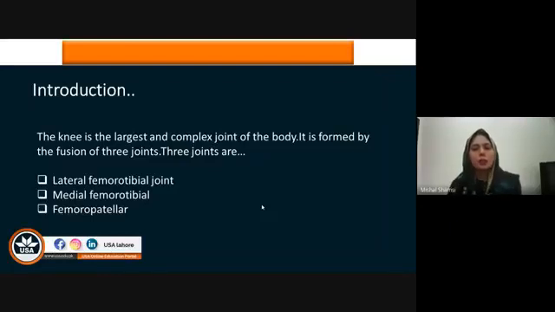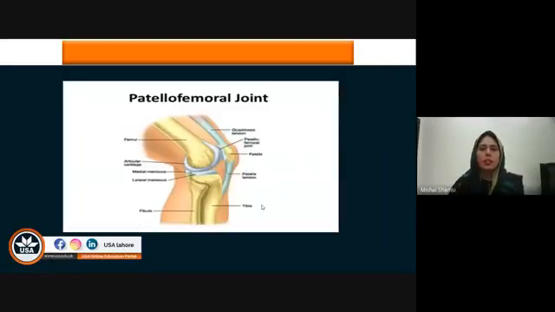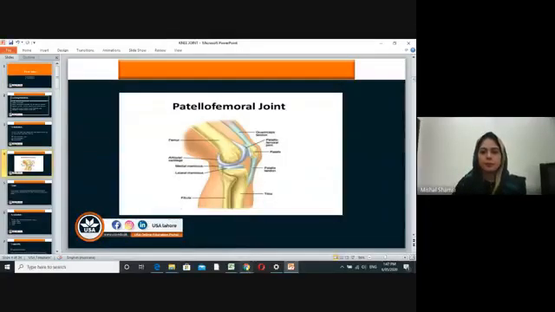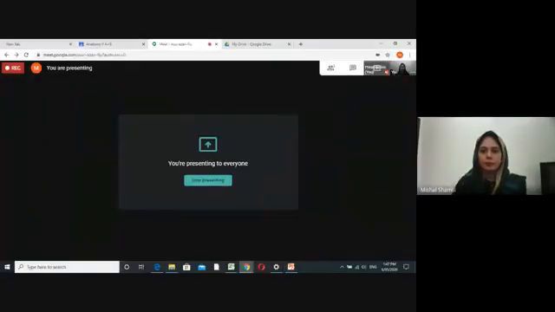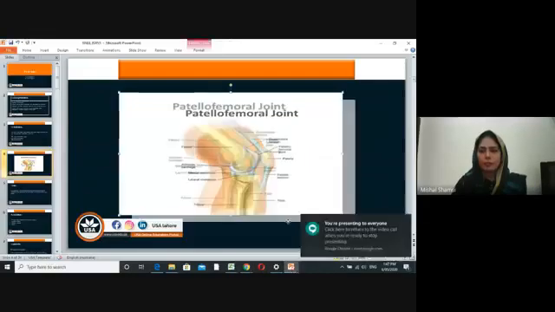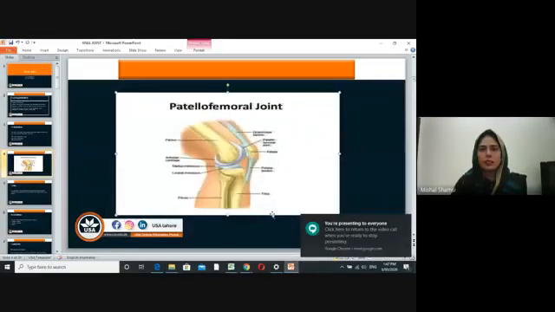So basically, three bones are involved in the formation of a knee joint, which are femur, tibia, and patella. If you see in this picture, you can easily see the location of the patella, femur and the tibia.